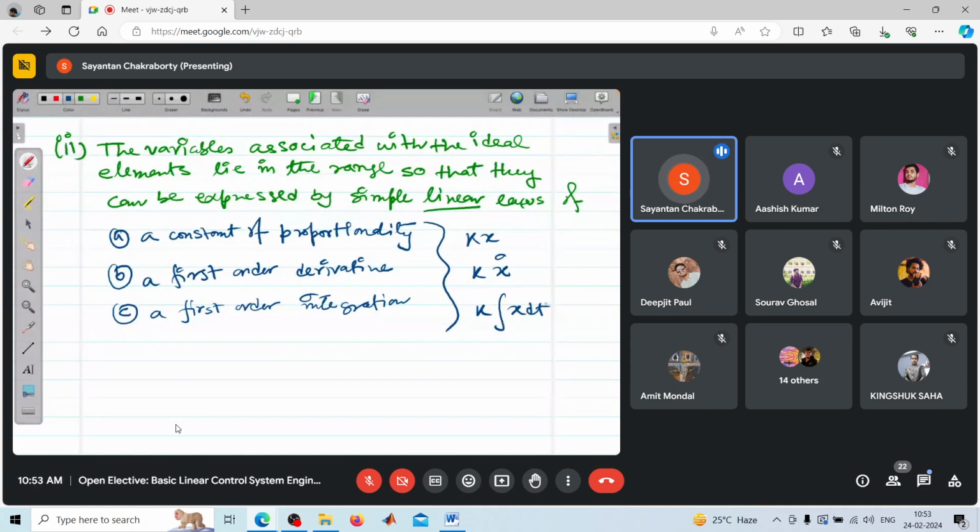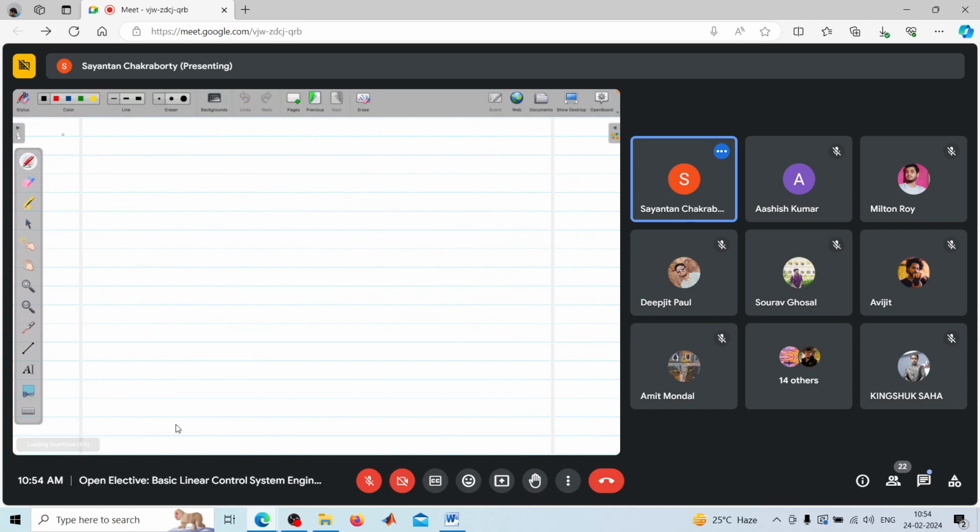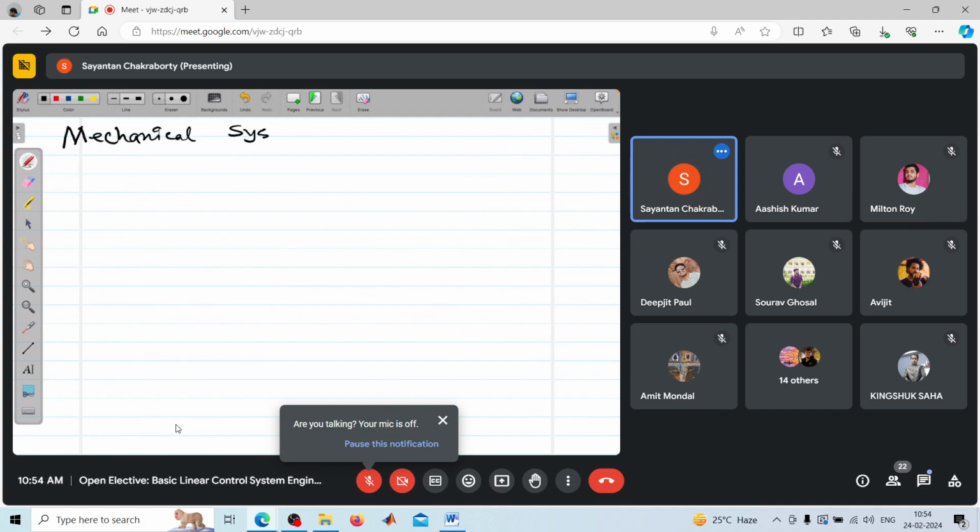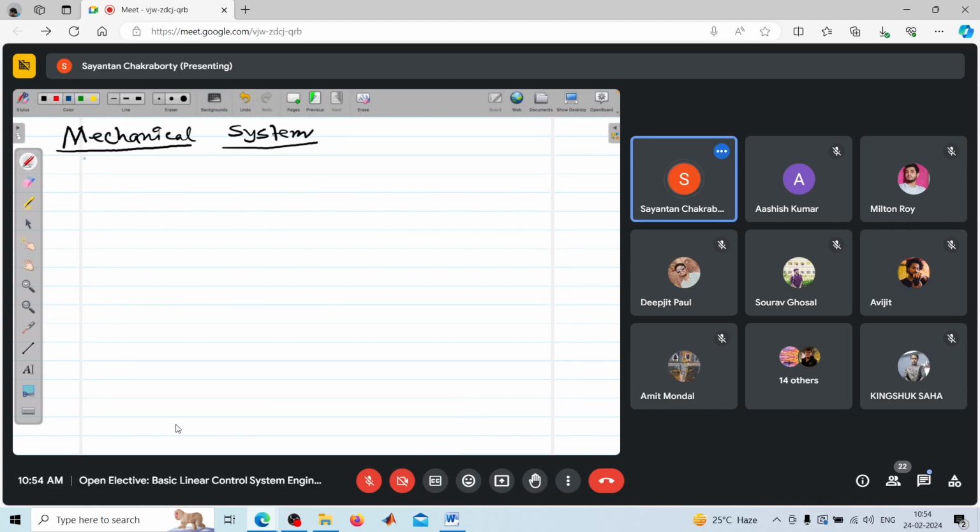So taking these assumptions into account, now let us consider a few examples where we are dealing with some idealized elements. In this regard, let us first consider a mechanical system. There may be two types of mechanical system: translational and rotational. What are the basic components of such a mechanical system?